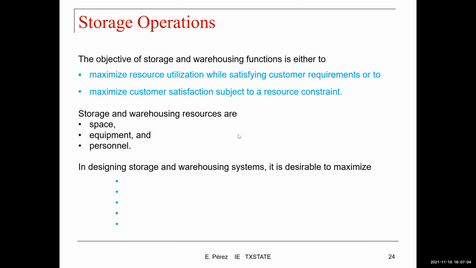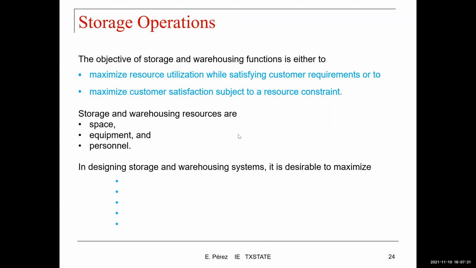So we can see this storage operation from 2 perspectives. We want to maximize our resource use keeping in mind the customer, or we want to maximize our customer satisfaction, knowing that we have a constraint in terms of the resources that we have available. And those resources for warehousing are space, equipment, and personnel, or the staff.